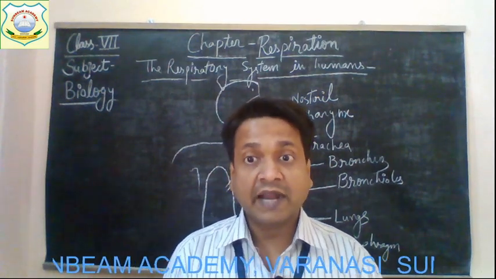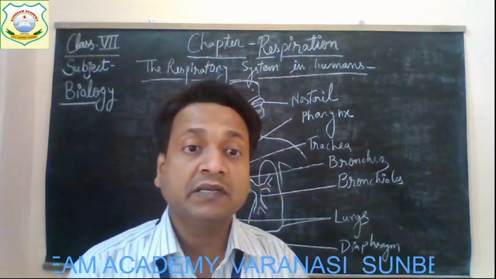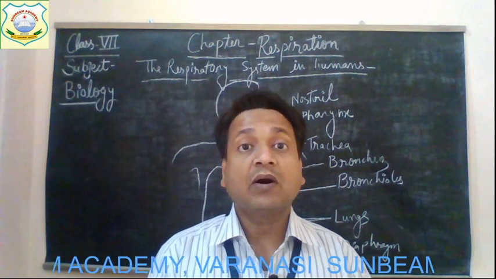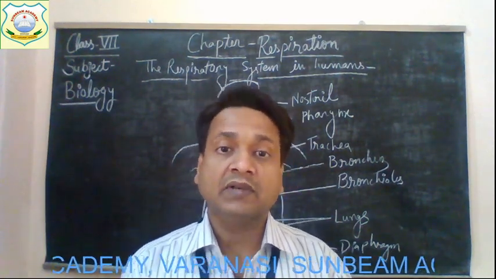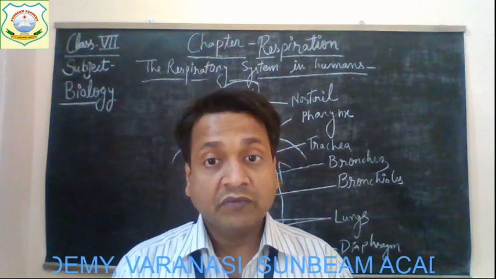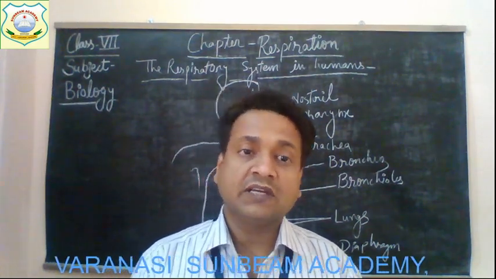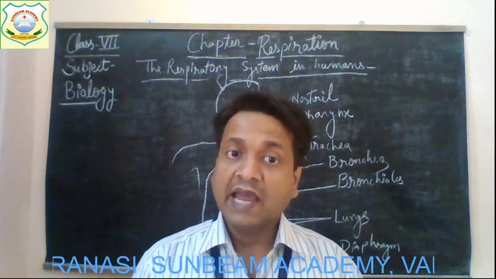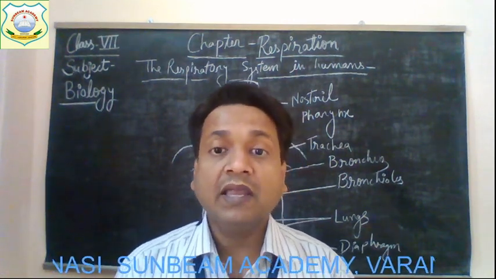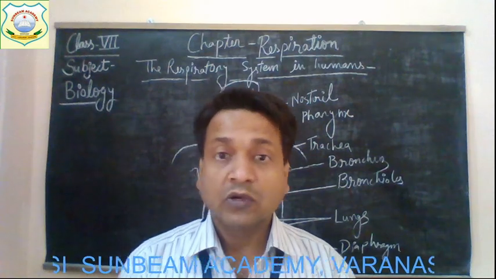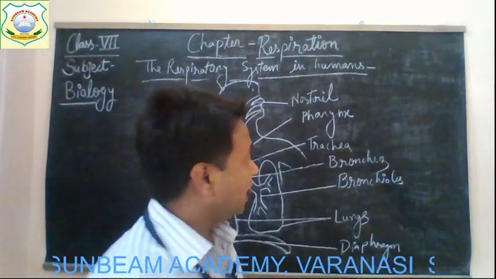Please remember that the number of alveoli present in every lung is about 300 million. The air which we breathe in eventually reaches these air sacs. Okay, and the sacs are surrounded by blood vessels. So you can look at the diagram of the alveoli.